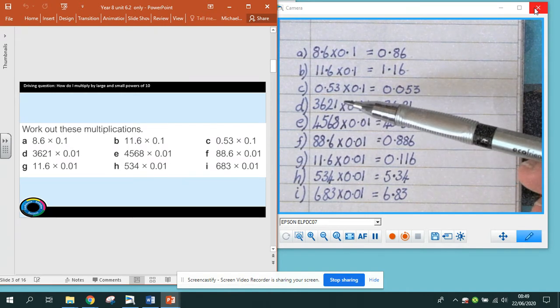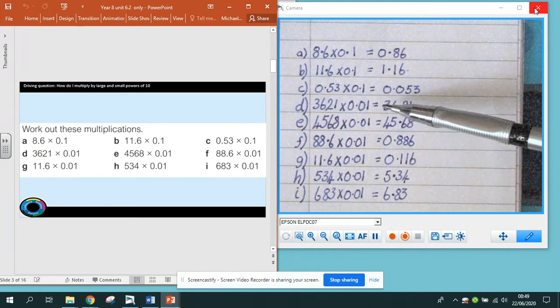When I move on to multiply by 0.01, I have to move the numbers 2 places to the right.